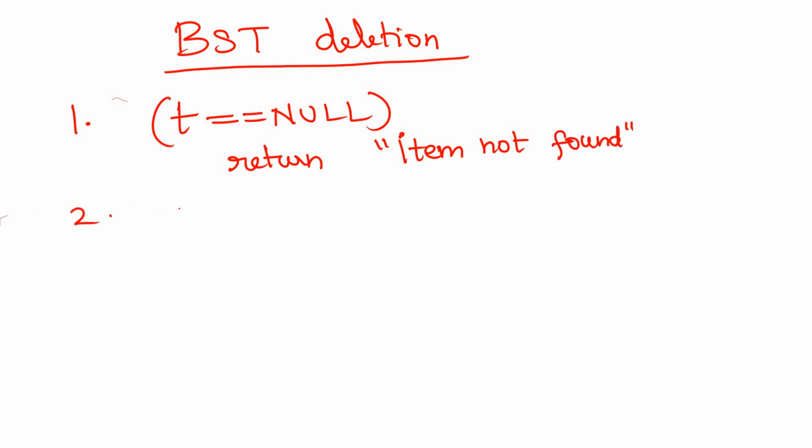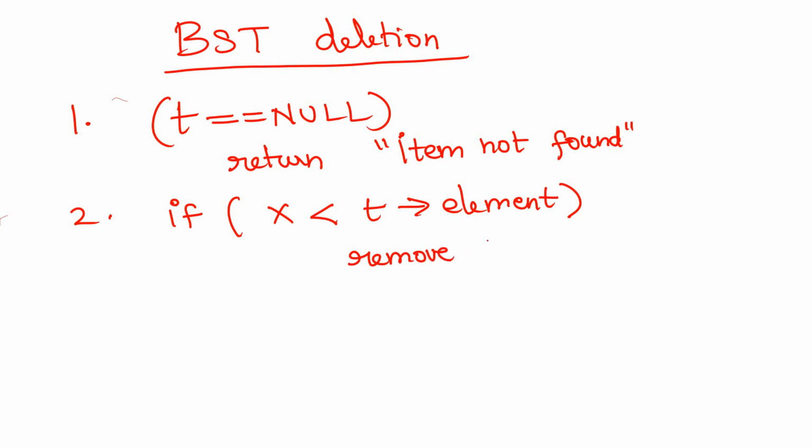My second condition, if my x, the item to be deleted, is less than the tree element, then I have to move on to the left subtree, remove x comma t of left.